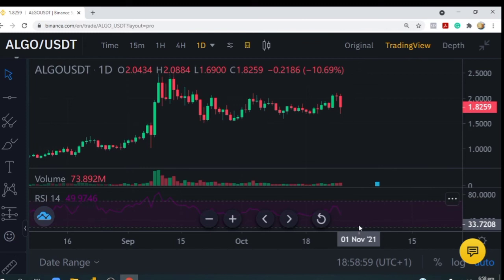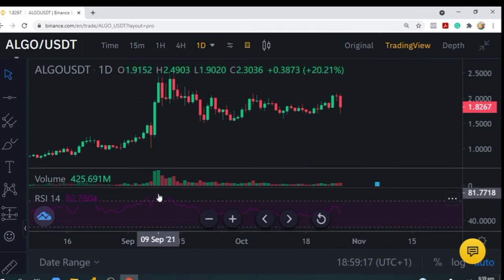Okay, so at any point in time that the price of that asset rises beyond the 70 mark, then you are entering an overbought situation, and what is going to follow is a drop in price. That is exactly what happened here. The market was overbought at this point. It got to 82, and then what followed was a drop in price, and the price dropped all the way to this point.